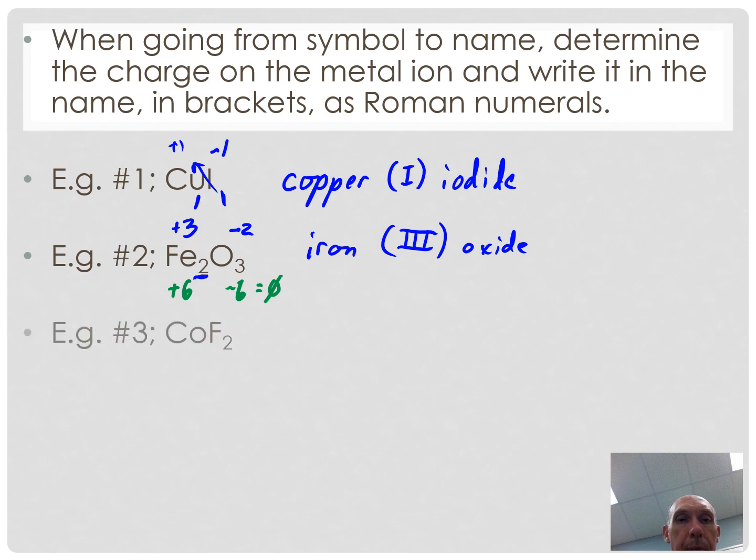Let's try another one. CoF2. Again, cobalt is another multivalent cation. The fluorine has a -1 charge. And whenever this has a -1 charge and there's a 1 there, we know that we can just use this to get the charge of the cobalt. So we've got cobalt(II) fluoride.